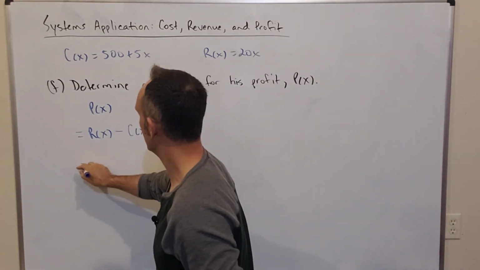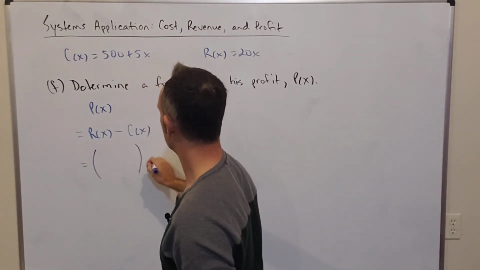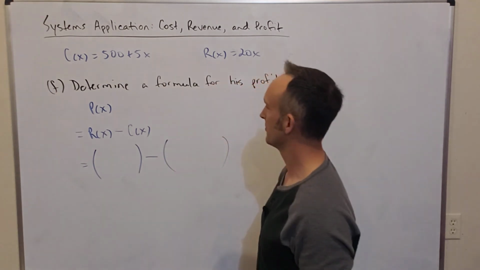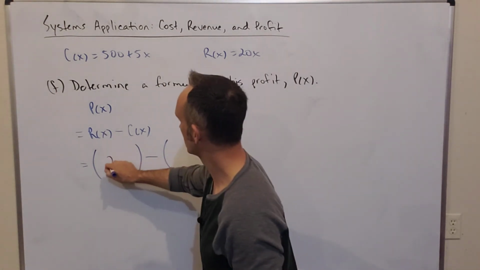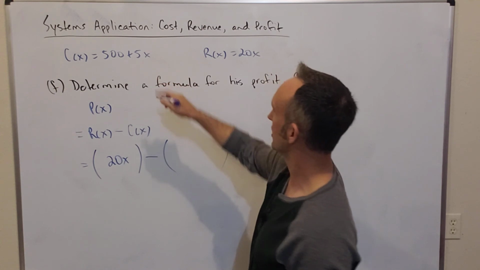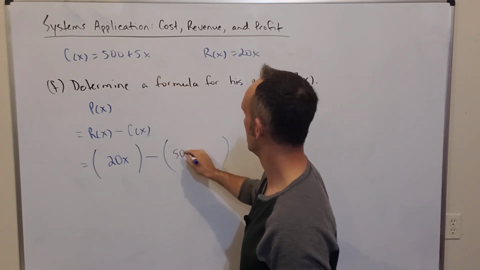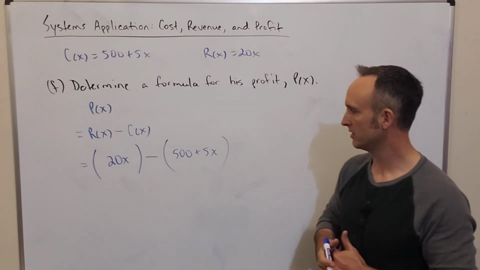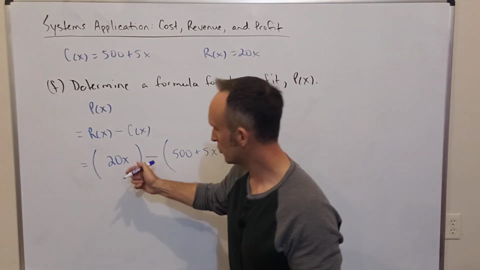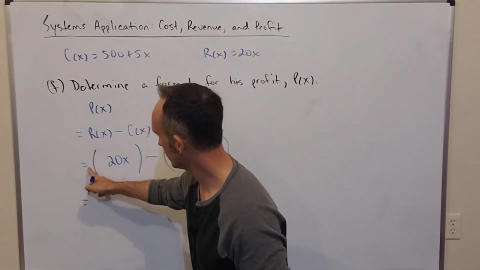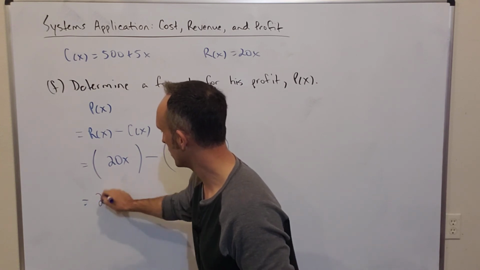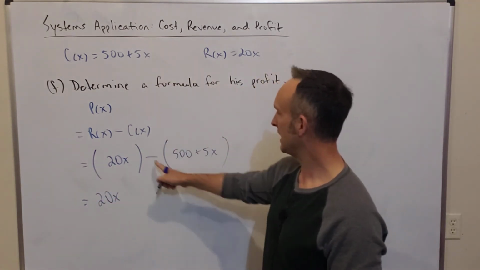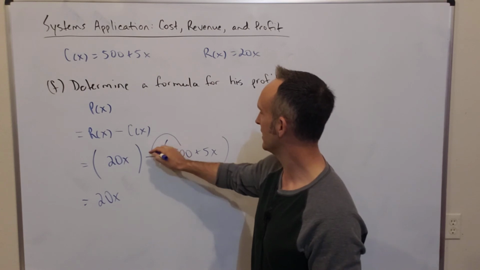So all we do is we take his revenue minus his cost. So revenue is 20x. His cost is 500 plus 5x. And we have to subtract those algebraically. So we don't really need the 20x in parentheses since there's nothing outside being multiplied by it. So I'll drop those parentheses. And here I have to distribute my negative.